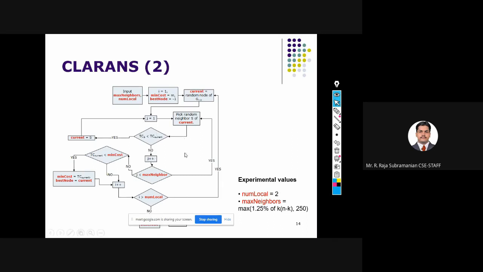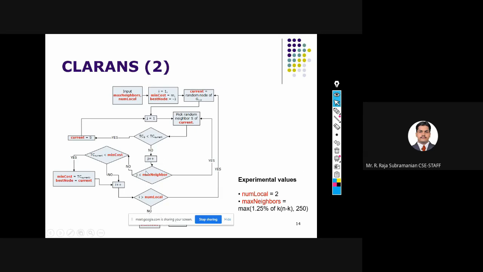I will again select a new point. Once the condition is not satisfied, it will come to j plus plus. That means the current medoid is kept, and the newly selected point will form a group with it. How many members should be there to form a group? We have given something called maximum neighbors.